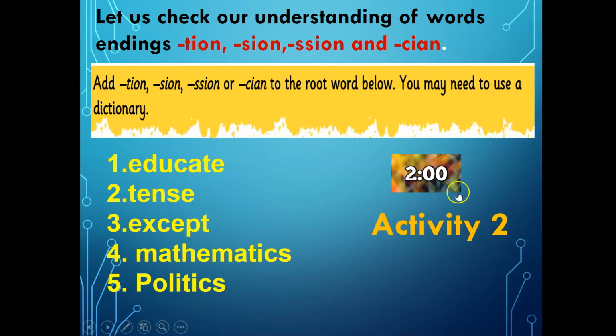These are the five words. I have given you the timer for 2 minutes, but I might close it a little early. You don't have to copy the words, just write the correct word with the right suffix. Your time has already started.